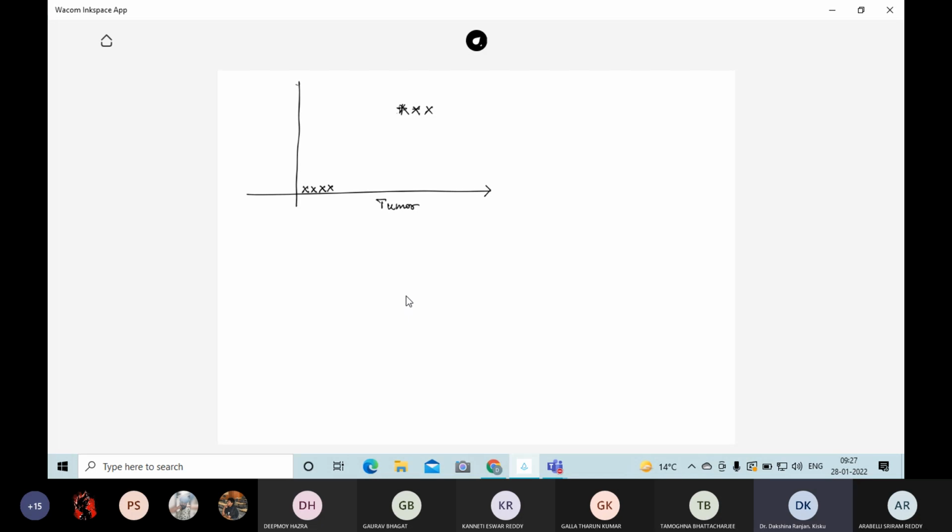So here we have plotted the 7 training examples. The x-axis represents the tumor and the y-axis represents the class level.